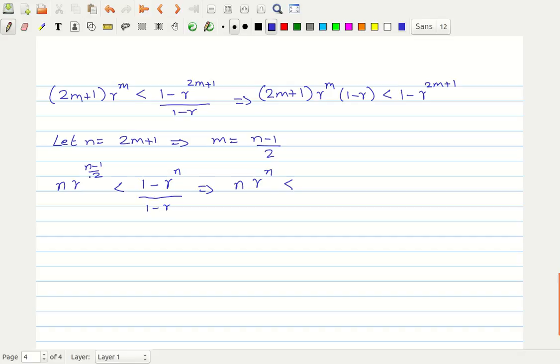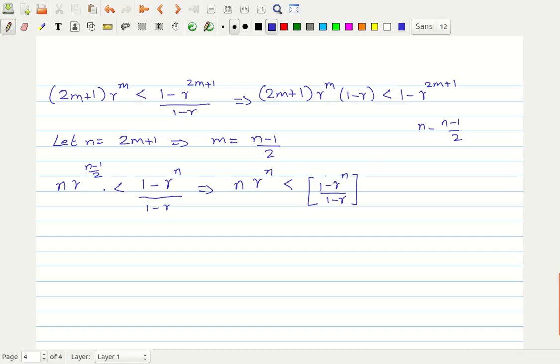How can I make this r to the power n? All I have to do is take the square of it and then multiply it by r. So, or what you can do is, this is equal to (1 minus r to the power n) times (1 minus r). How should I get n over here? n minus 1 by 2.